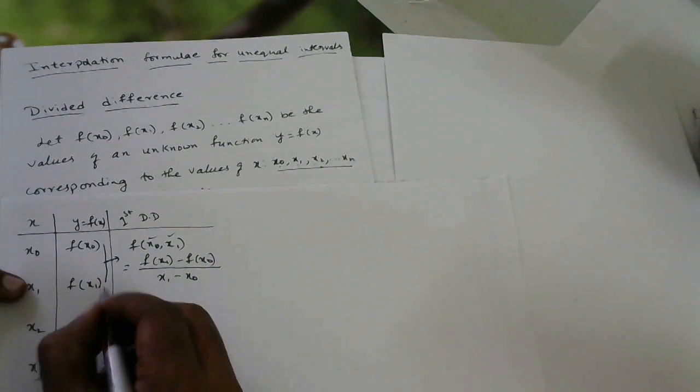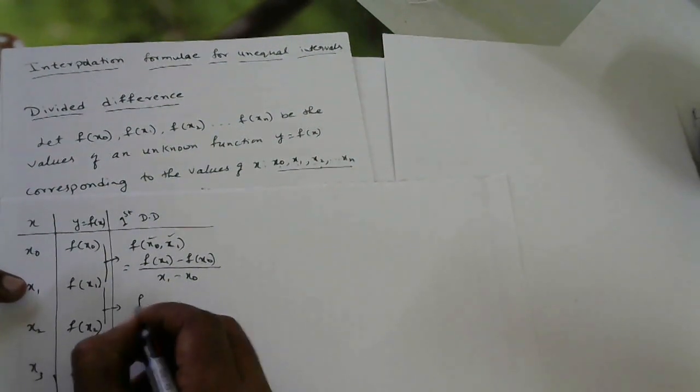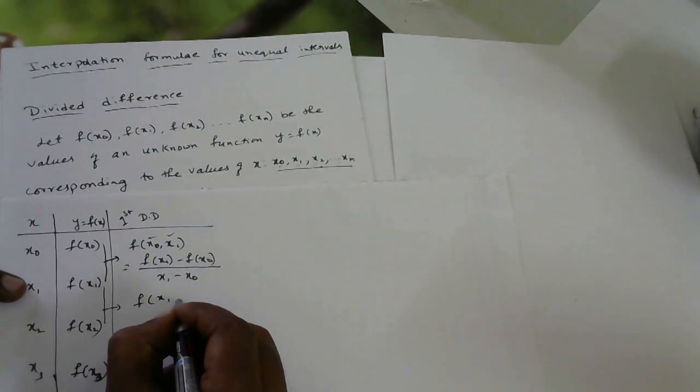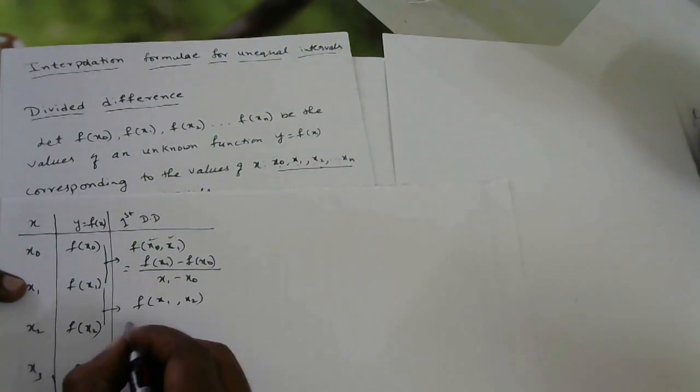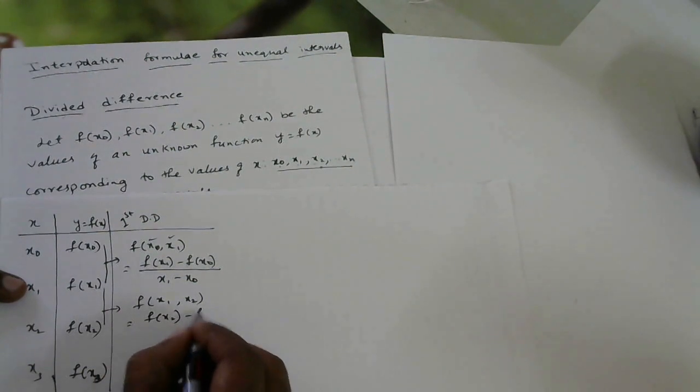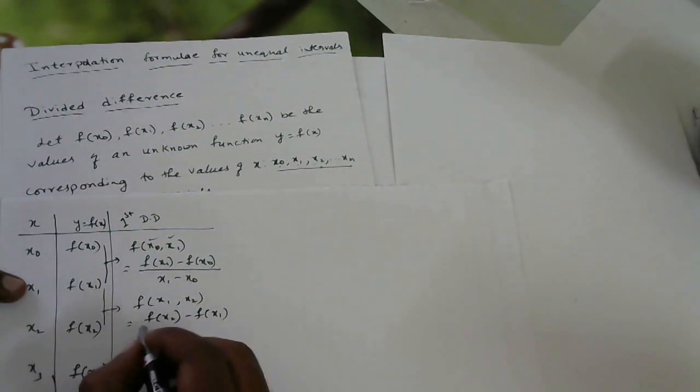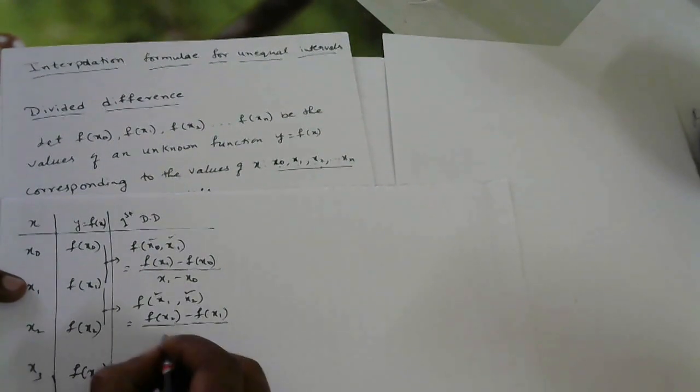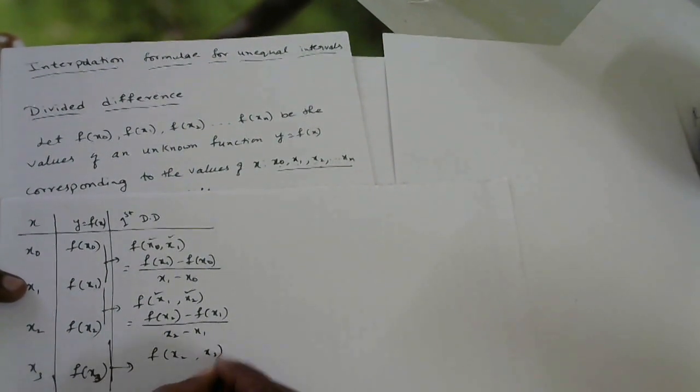Then f of x1 comma x2 equals f of x2 minus f of x1 whole divided by x2 minus x1. Now f of x2 comma x3 equals f of x3 minus f of x2 whole divided by x3 minus x2.